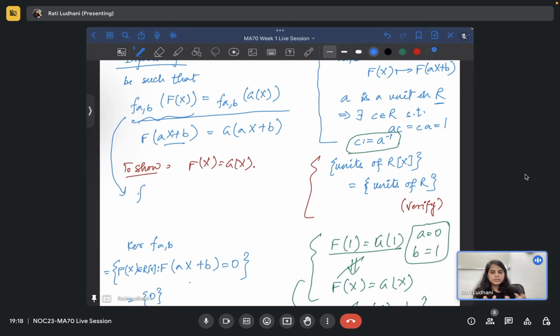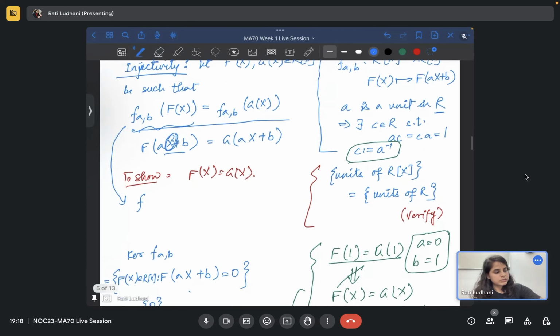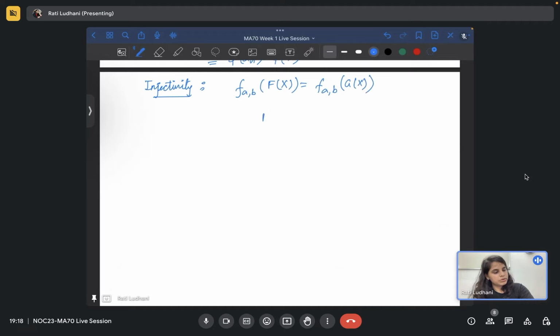So in the normal situation, when you need to show this is injective, you have f_{a,b}(f(x)) is equal to f_{a,b}(g(x)), and you get f(ax + b) is equal to g(ax + b).